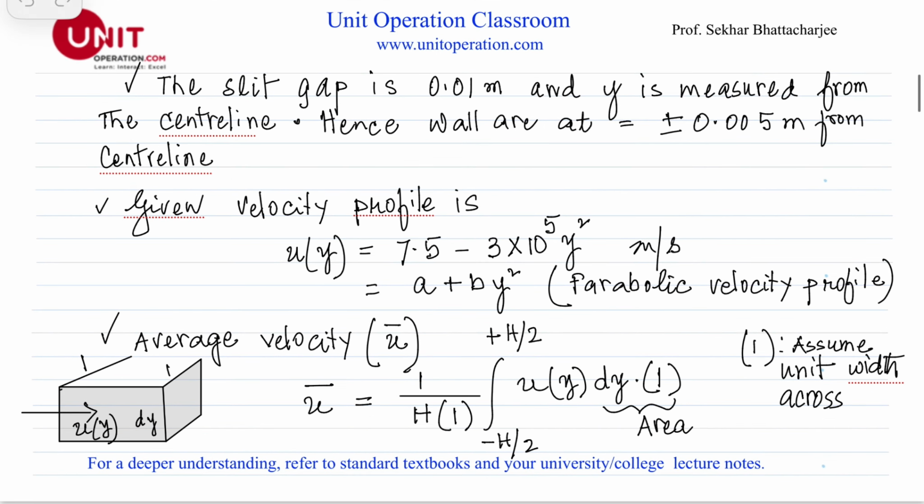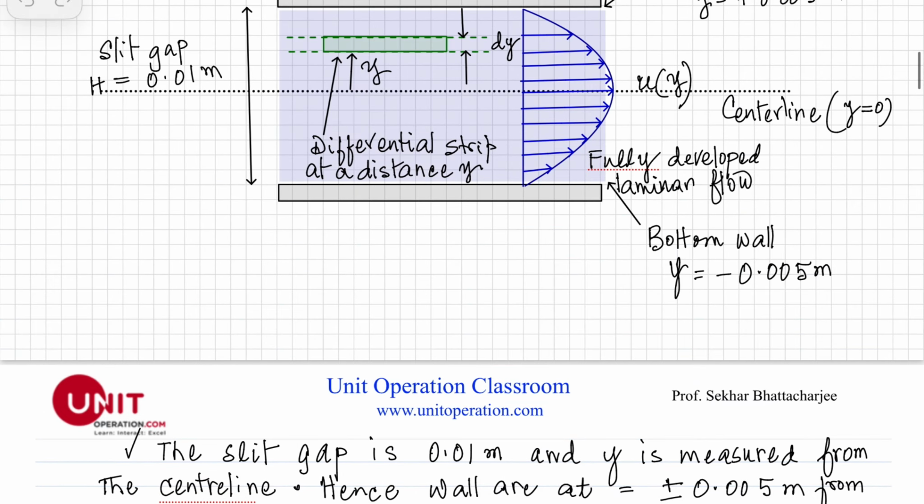This velocity profile is given as 7.5 minus a term like a y squared. It's a parabolic velocity profile, and at y equal to 0, right here, the velocity is maximum. As we go in either direction, the velocity decreases.